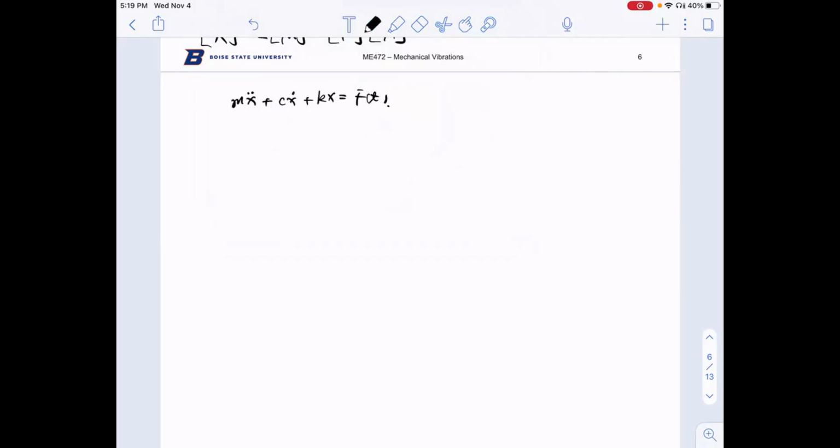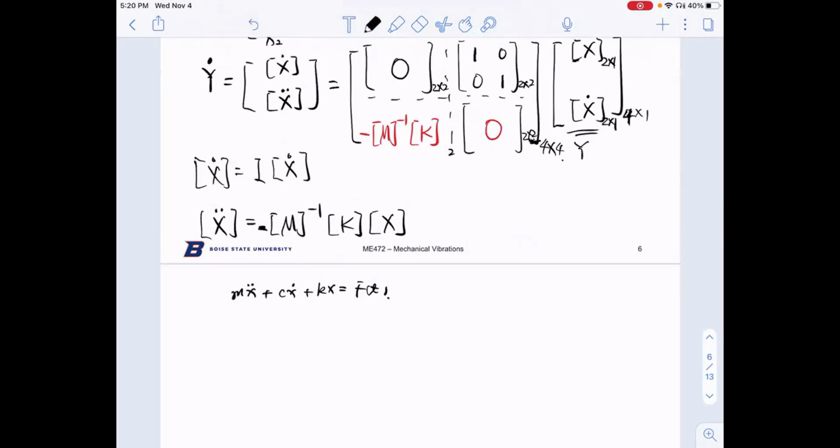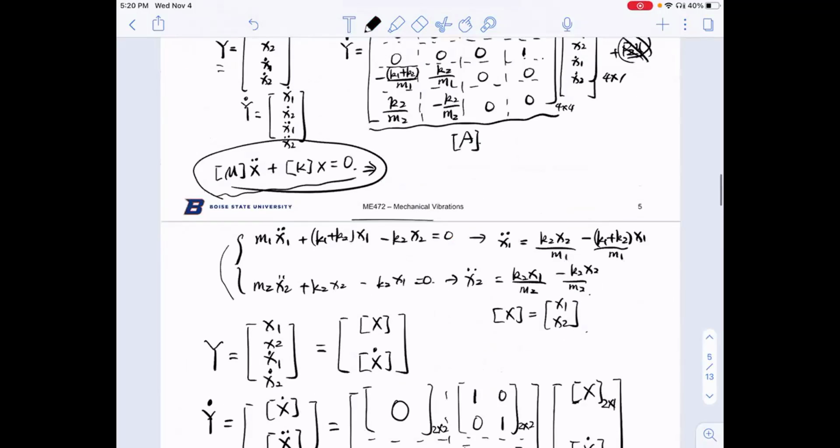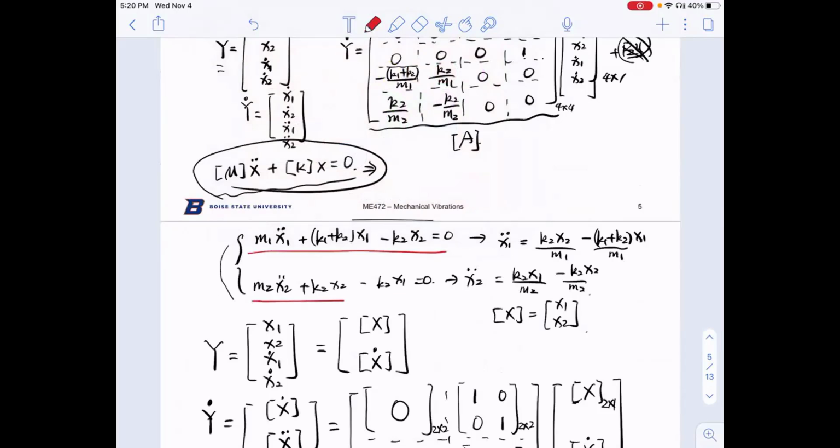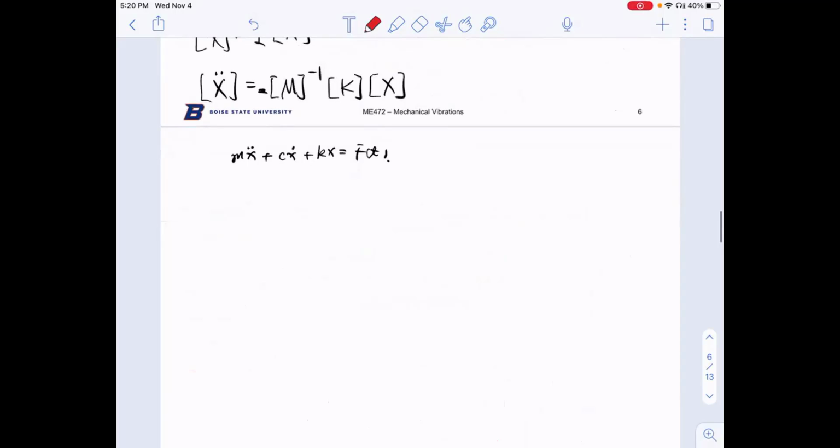The problem for a multi-degree of freedom system is, if you look at the equations here, in your equation 1, you have both x1 and x2 in it. In equation 2, you have x2 and x1 in it. So that means all the equations are just coupled together.